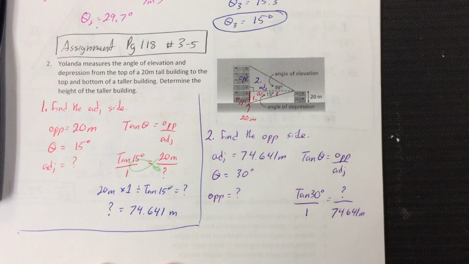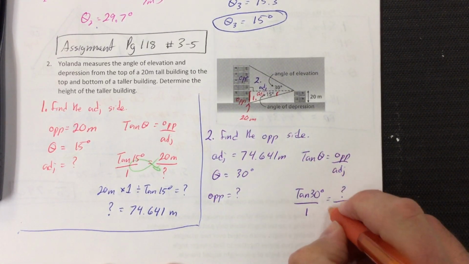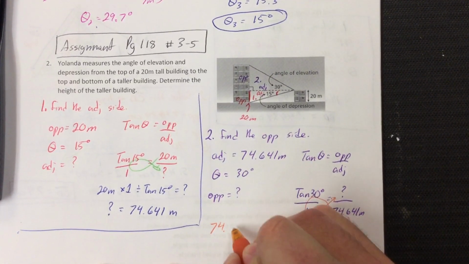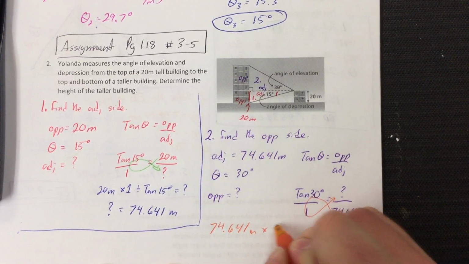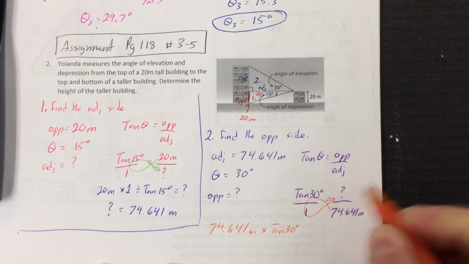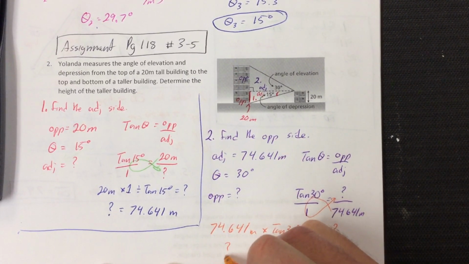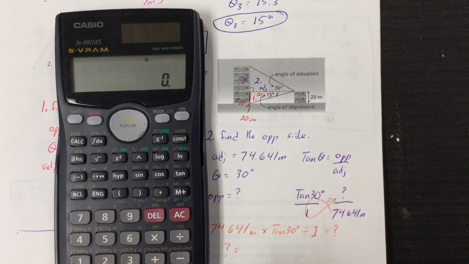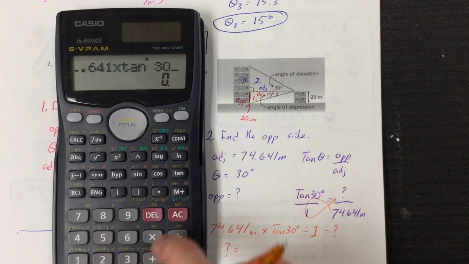Put that over 1. What I'll do here, again, is I'll spell it all out if we do our fish method. We start with 74.641 meters times tan of 30 degrees divided by 1 equals our question mark, and our question mark then is, let's pull the calculator here, 74.641 times tan of 30 divided by 1.